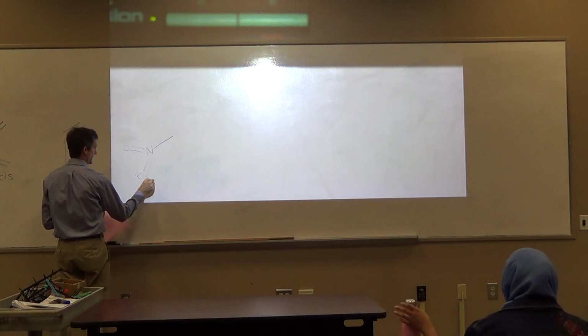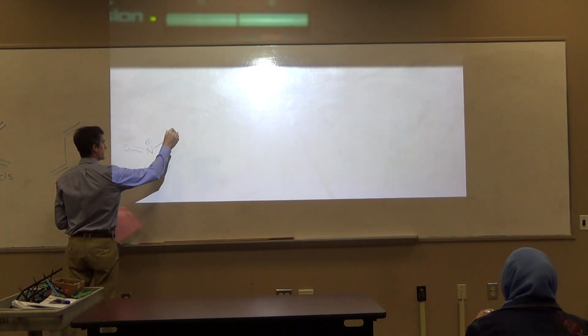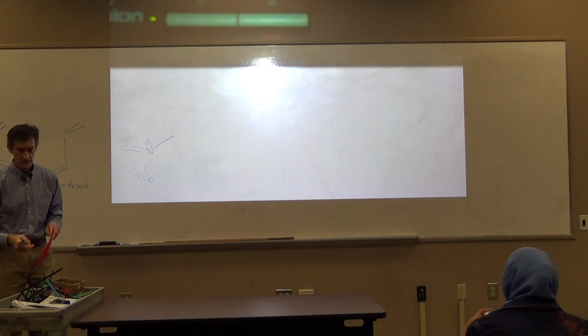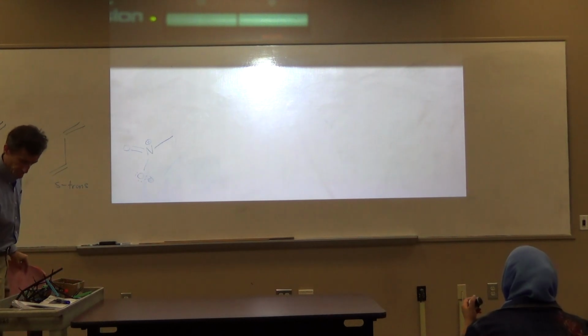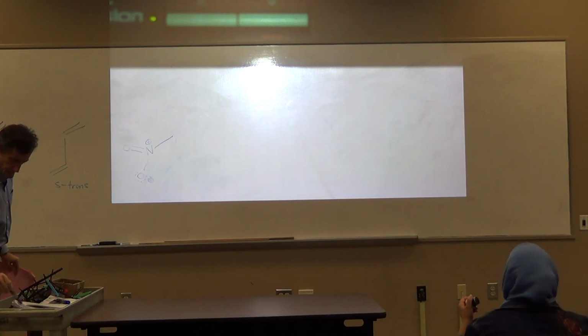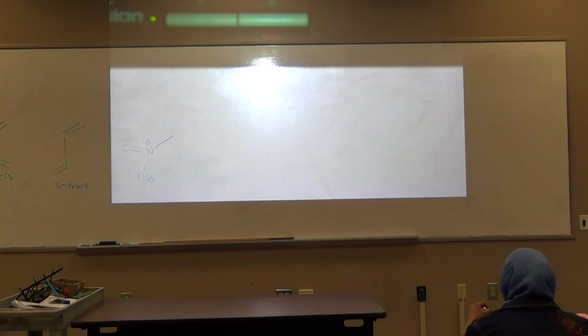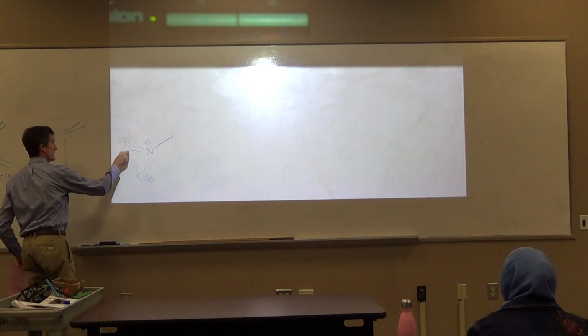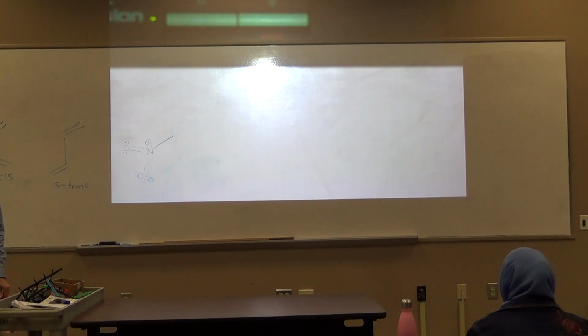This is a minus, the nitrogen is positive. That's a nitro group. You'll see it in organic 2. You will make a nitro compound in lab.